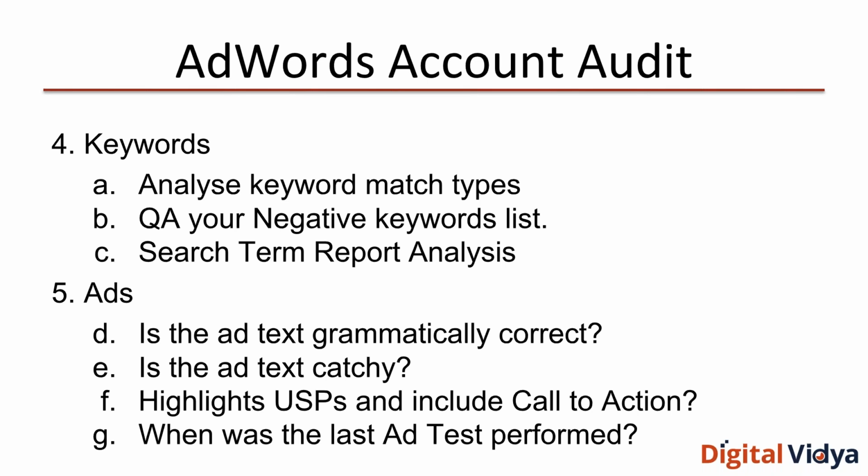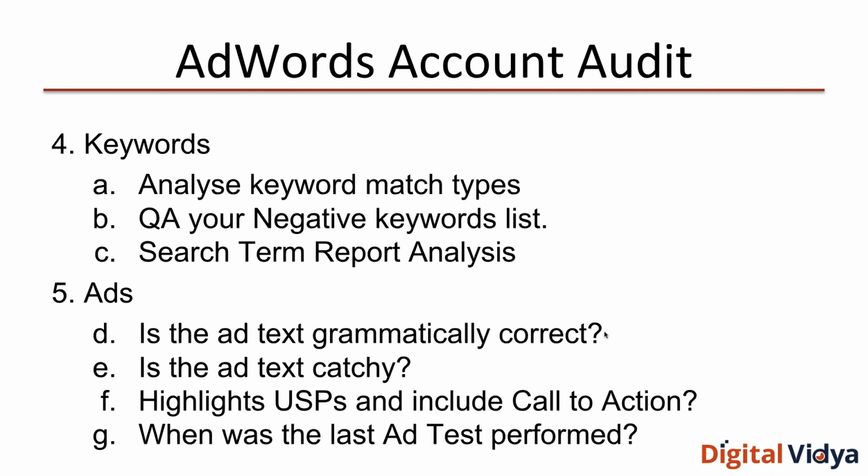Maybe you can consider making them phrase match or exact match. Not just because they are costing, but also maybe because their CTR is very low. You know that when the keyword match type becomes narrower, there's a likelihood that CTR will go up, right? So this is how you analyze match types and suggest changing certain match types on the basis of data.